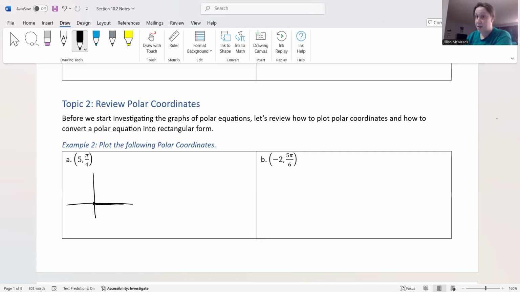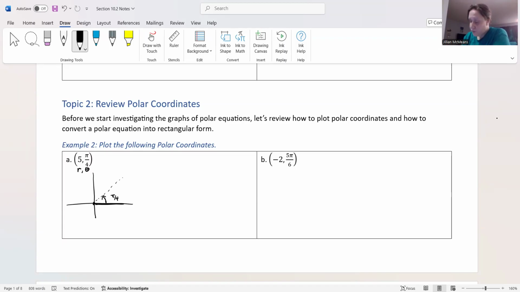So we have positive pi over 4. So that would be right about here. So this would be about pi over 4, okay? Now what we need to do is from the pole, we need to go a distance of r. And remember, these are always of the form r comma theta. So in this case, r is positive. And remember, when r is positive, you want to go out r units along the terminal side of this angle.